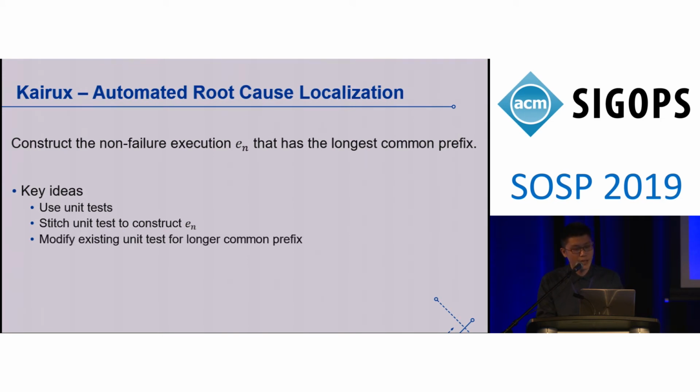In addition, Kairux may also need to modify the unit test to construct a non-failure execution with a longer common prefix. The modifications include modifying parameters and scheduling. This ensures that the modifications will always result in a valid execution that can be reproduced by a unit test. And the modification attempt stops when any longer common prefix would end up in failure.